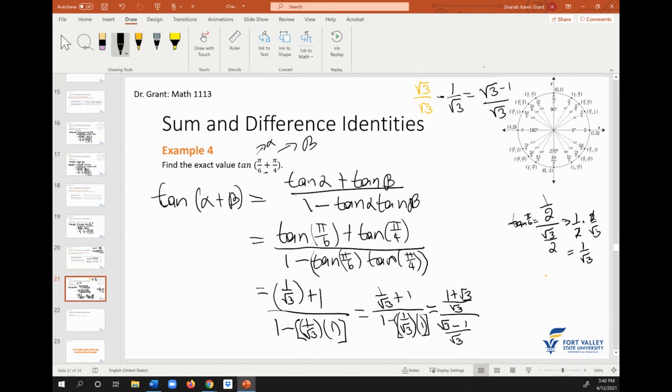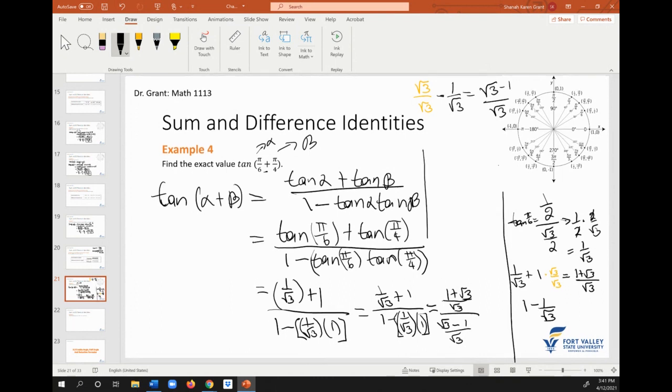All right, so now at this point, let me kind of go up. I don't want to erase anything. All right, so now at this point, we're going to utilize our keep, change, flip, noting that our numerator is 1 plus root 3 over root 3. Keep that.